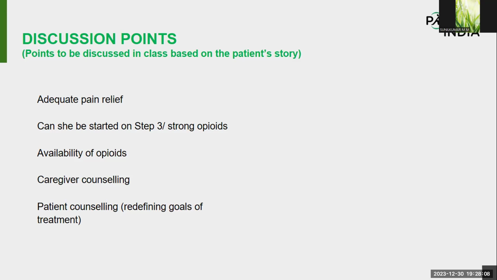And regarding the placement of PEG, it all needs to be discussed with the patient.